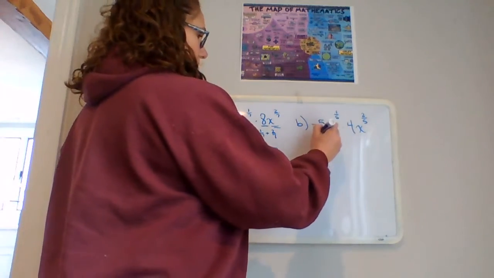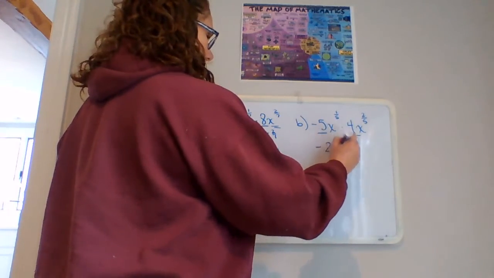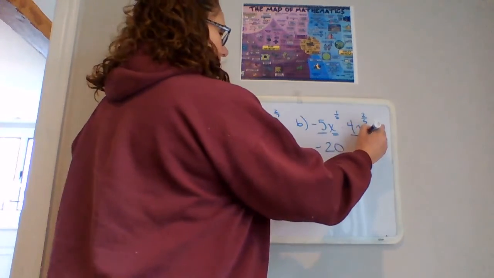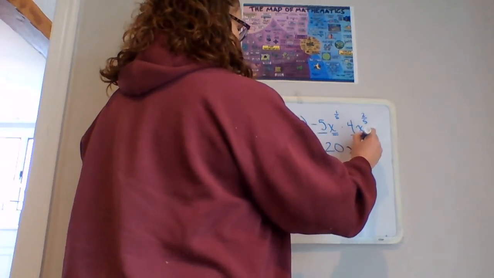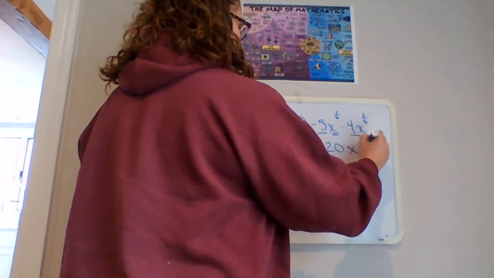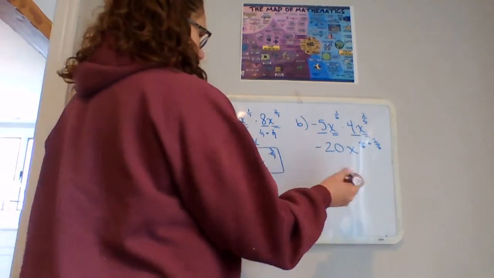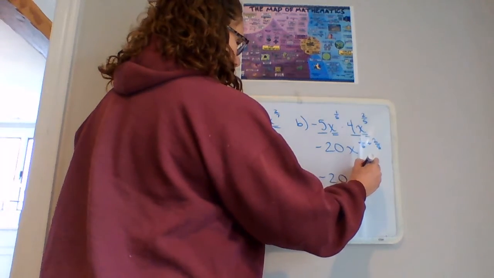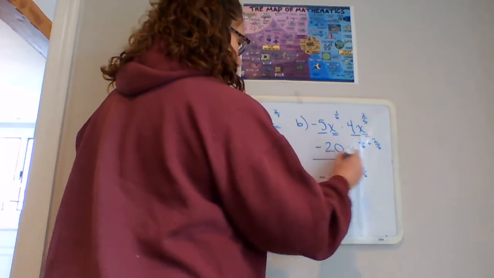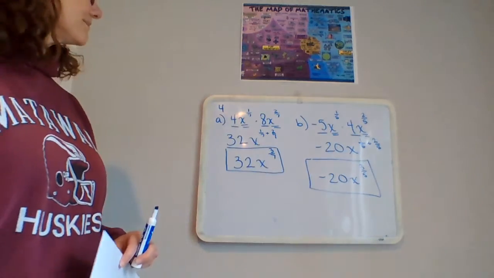So for the coefficients, -5 times 4 is -20. For multiplying x's, you add the powers. So you have x to the 1/5 plus 2/5. And so your final answer for 4b is going to be -20x to the 3/5 power. And that's example 4, problems A and B.